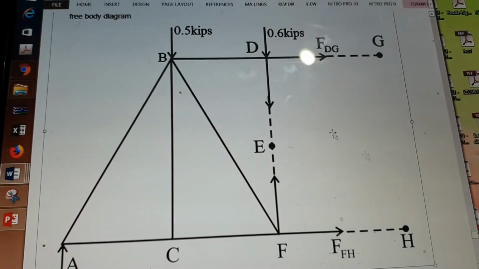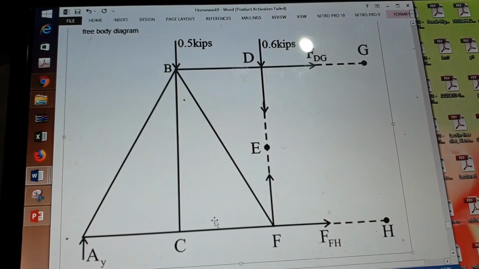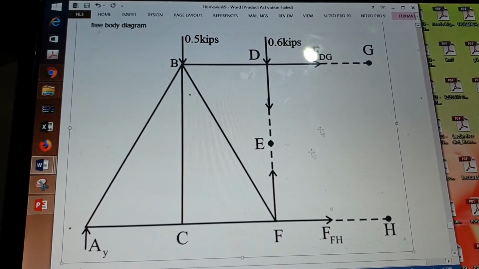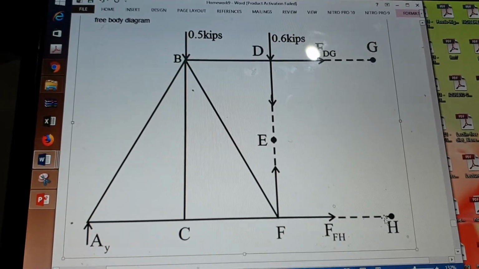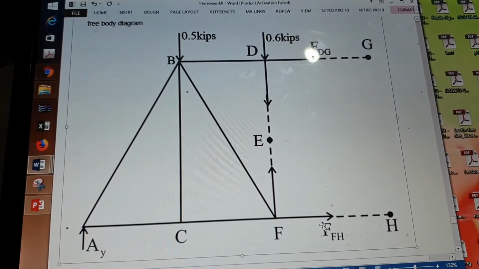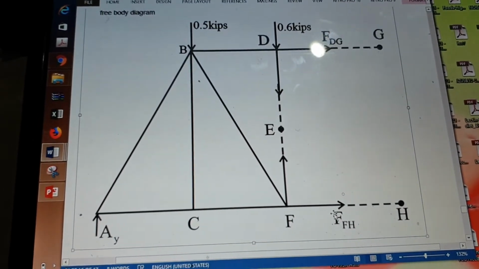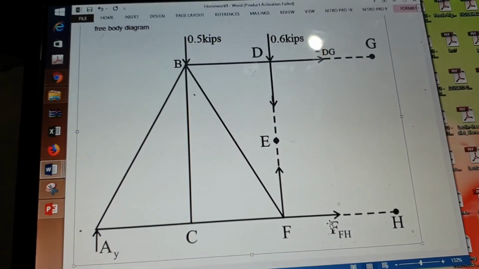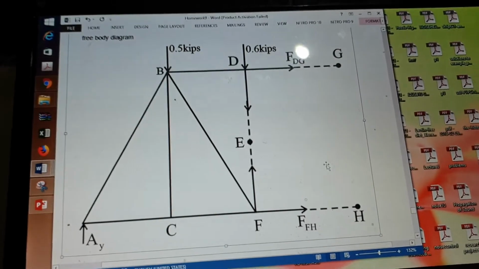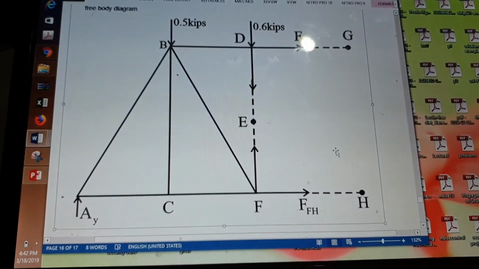You can see here from applying the summation of forces of x equal to 0 that there is nothing else in the x-axis except FDG and FFH, which means that FDG should be equal to FFH, but opposite in direction. Same magnitude and opposite direction, because summation of forces of x equal to 0.